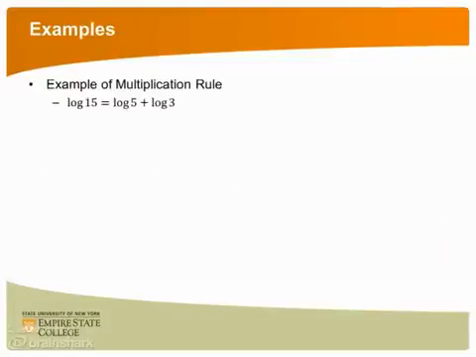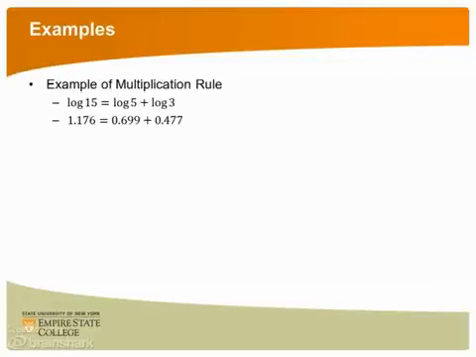As an example for the multiplication rule, consider the common logarithm of 15. If the rule holds, then the common log of 15 should equal the common log of 5 plus the common log of 3. Using a scientific calculator and rounding to 3 decimal places, we find that the common log of 15 is 1.176.